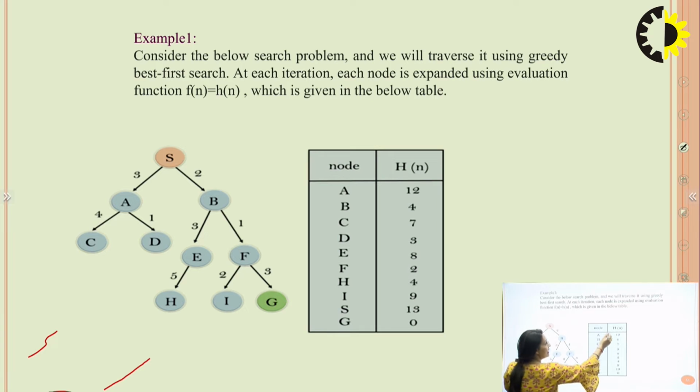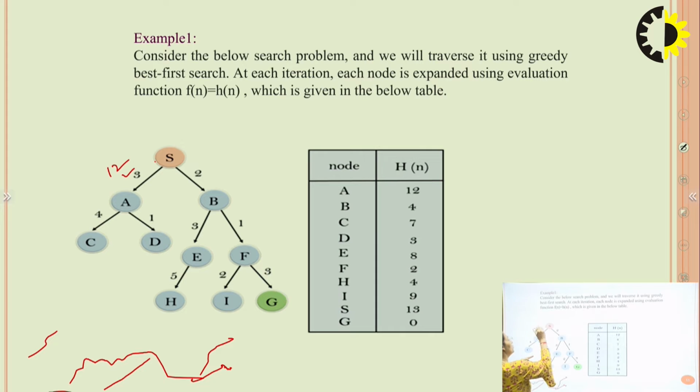If I take A, the value from A to G is 12. And if I talk about S to B, this path has a value of 4. Out of both these paths, it can easily be seen that this path has the lowest value, so I'll choose this path.